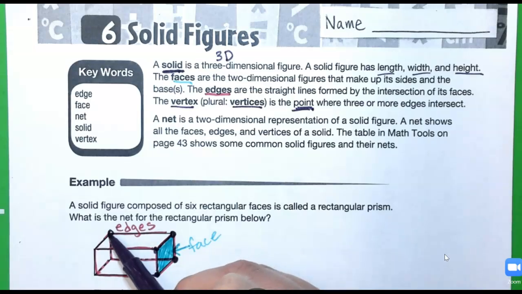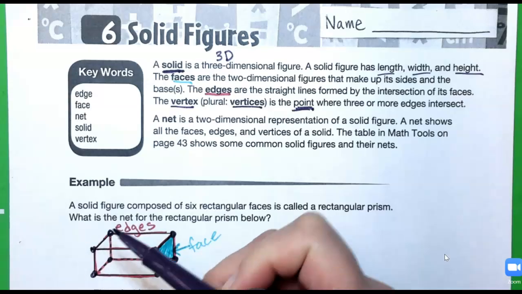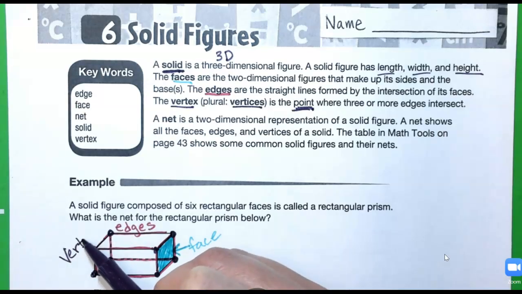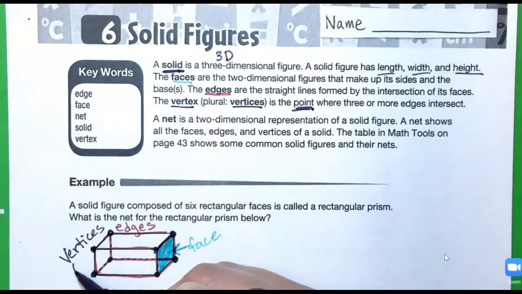And all these points, or corners, if you will, are what we call the vertices. These make up the corners of our objects, okay? So vertices are our corners, like our points where all the lines come together.